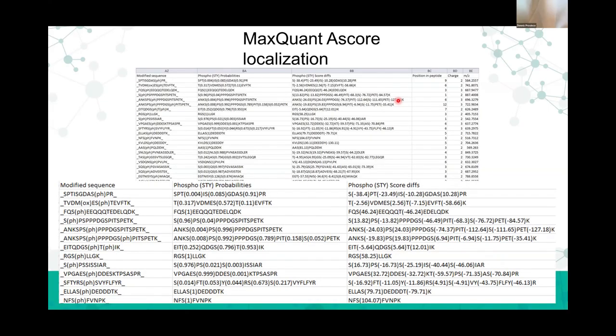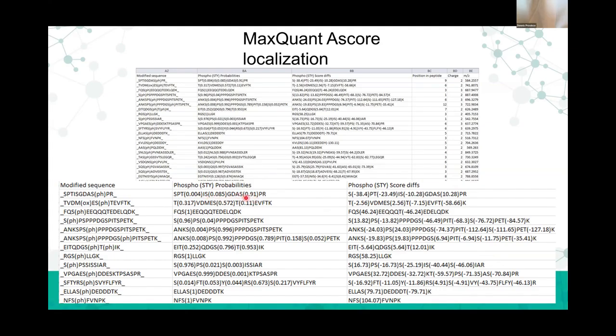This is just a blow up to see. So it gives you the sequence, and I'll highlight it here. In this first peptide, there are 3 possible sites. Saying that there's a 0.4% chance that this third threonine is phosphorylated means it's not. There's about an 8% chance that it's that serine, so that's probably not.